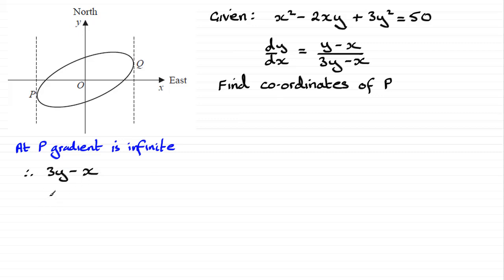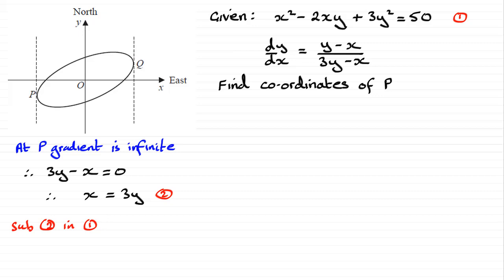We can rearrange it and see that x will equal 3y. If I call this equation number 1 and this equation number 2, I'm going to substitute equation 2 into 1.